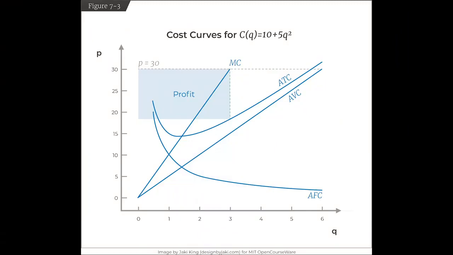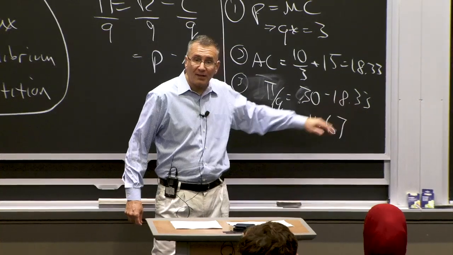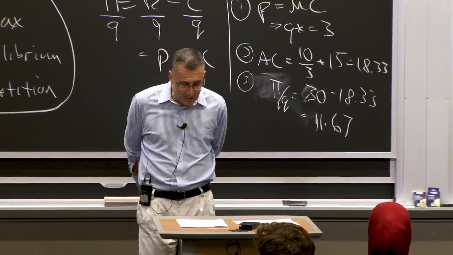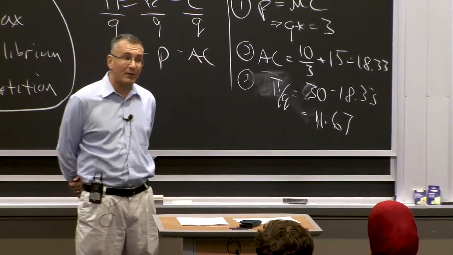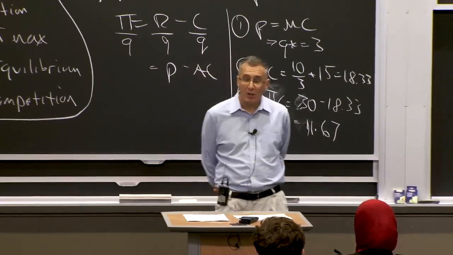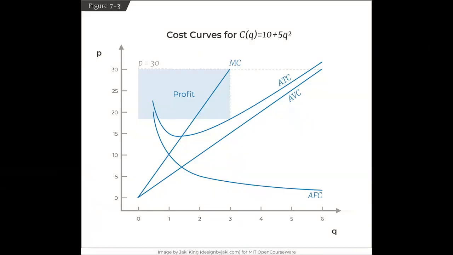That's the height of the rectangle. We're selling 3 units, so our total profit rectangle is 35. Our total profits are 35, which is 3 units at a profit of 11.67 each. And that's how we get that rectangle.